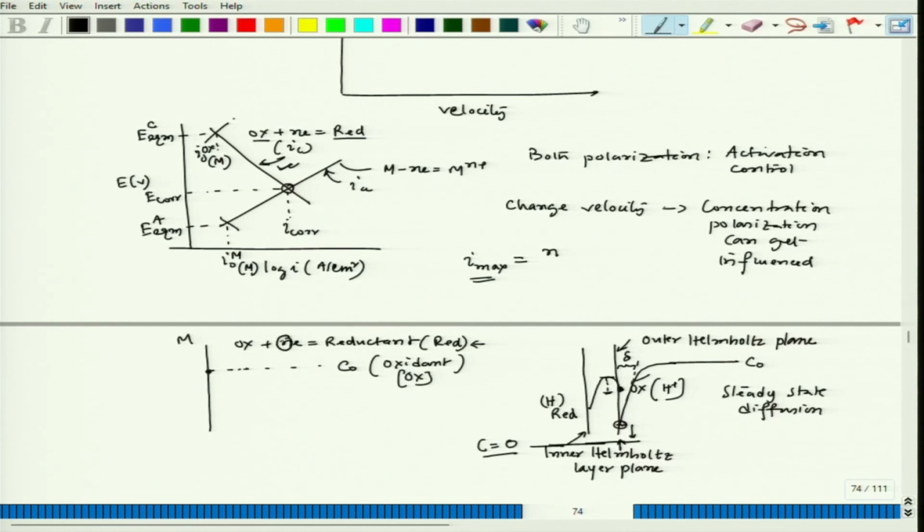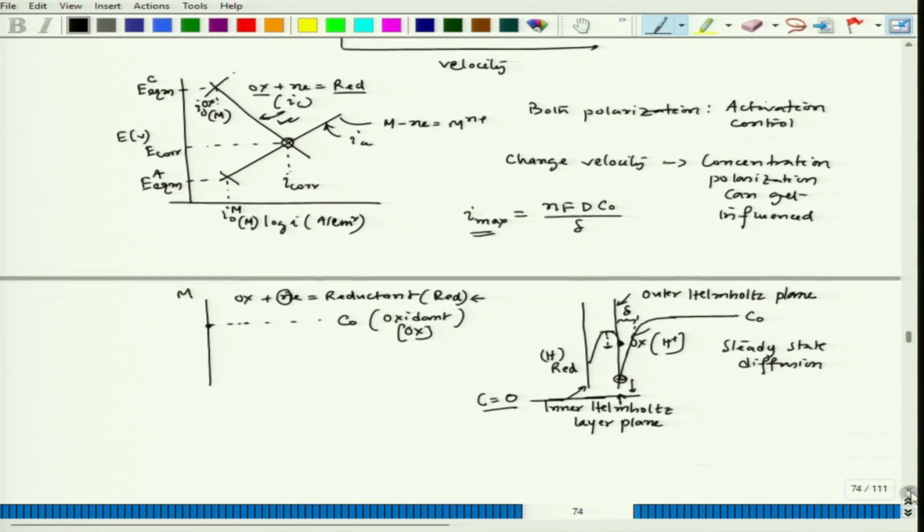Here it is considered as N. If we consider hydrogen, then H plus ion will be getting reduced, so there N will be 1. Then we have F, which is the Faraday's constant, 96500 coulomb per mole of electron. Then we have diffusivity, then C naught divided by delta, which is the diffusion distance or the boundary layer distance.